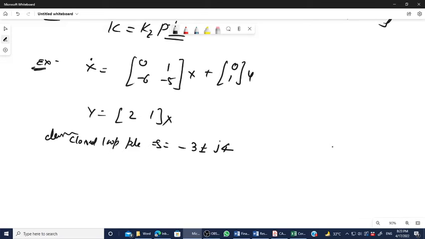This is the location of the pole. So your part is to design again the feedback controller, right?